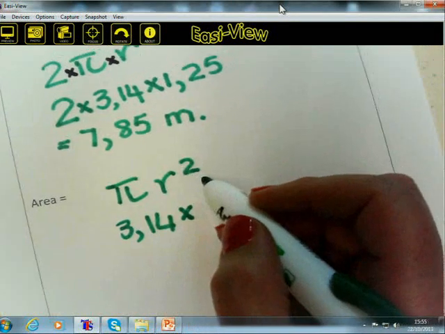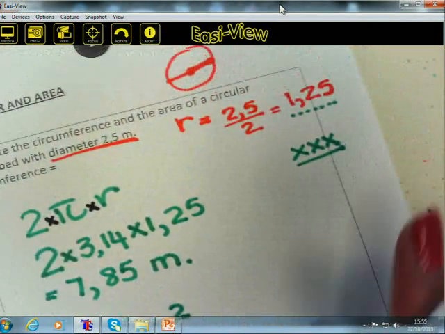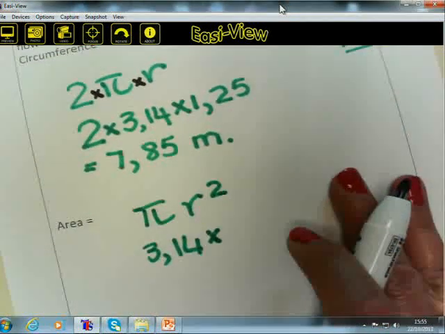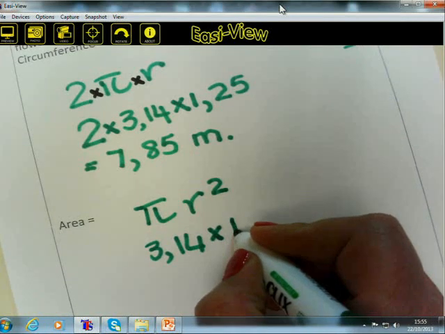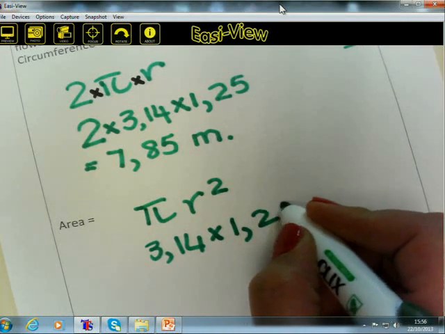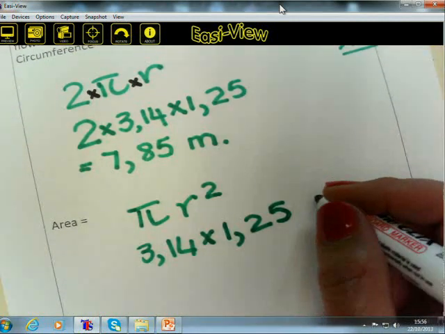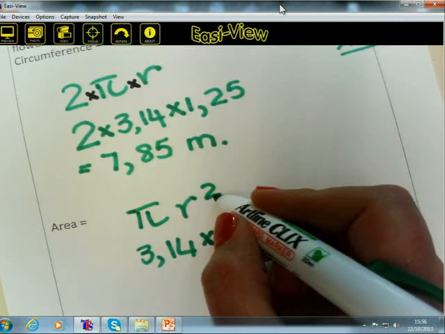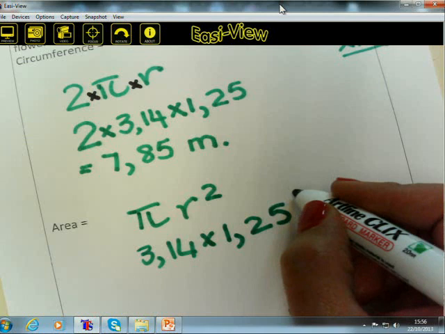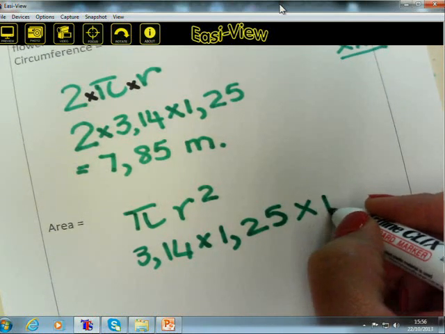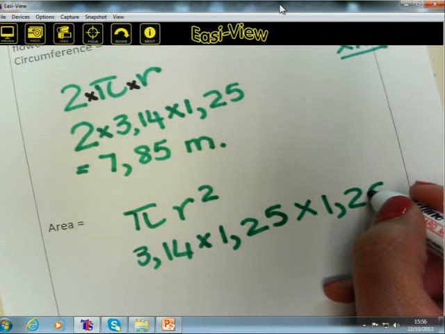The radius, we did the calculation of the radius there, as you saw, 1,25. So in the place of radius, I fill in 1,25. And if you have a calculator that has a square sign on it, you can put the square sign on there. Otherwise, you can just go times another 1,25.